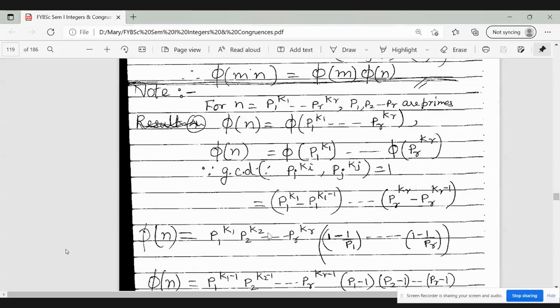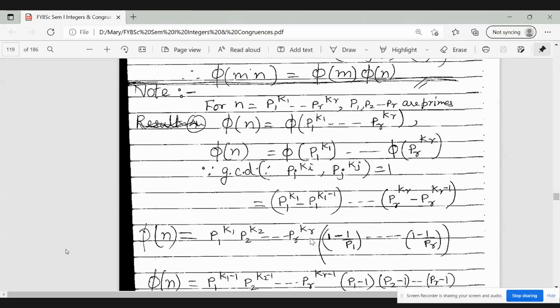So our formula I can write as phi of n is n into 1 minus 1 by p1 up to 1 minus 1 by pr. So phi of n is n into the product over all the primes we have here, 1 minus 1 by p1 up to 1 minus 1 by pr.